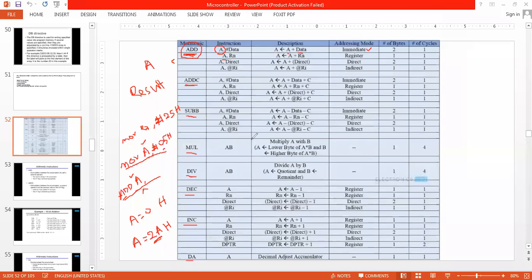Okay. So now the next instruction, ADD A comma direct. In the place of direct, what can I write? The direct address. Say ADD A comma 25H. Now this 25H is not data, it is an address. So what is the data present in 25H?